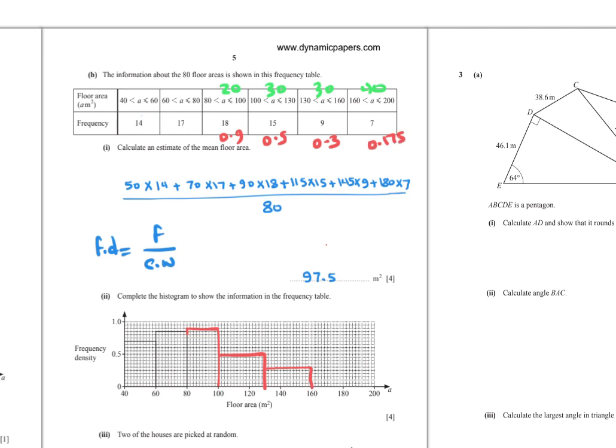And 0.175 you can round, so 0.2, about 4 squares. So this is our histogram. It's better to use a ruler to draw lines.